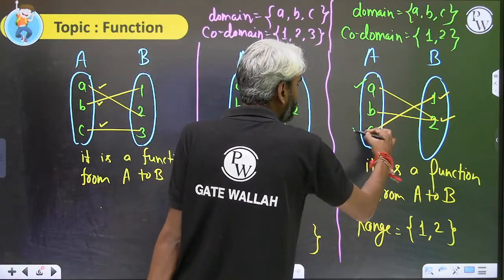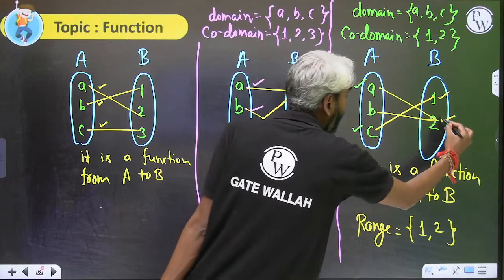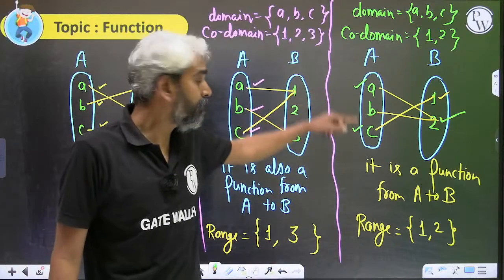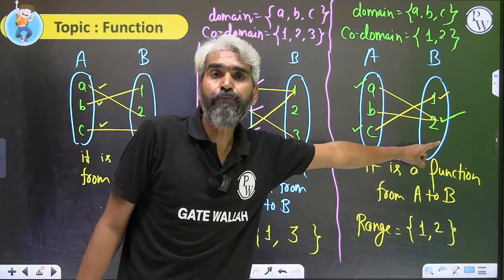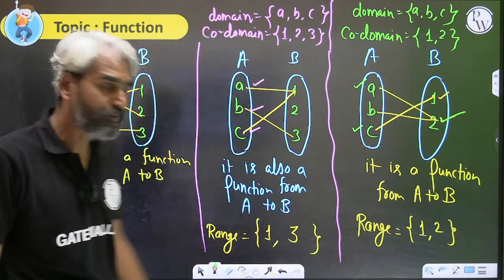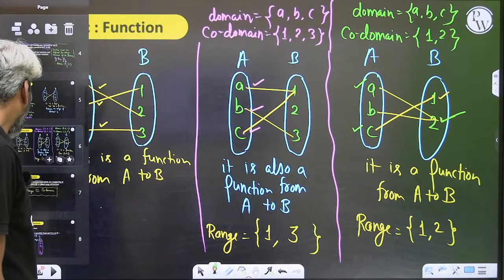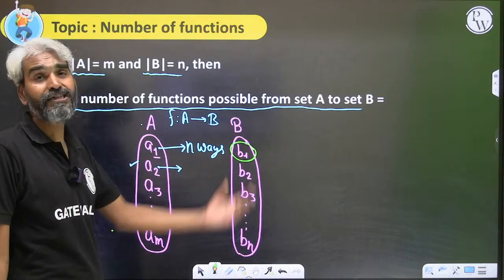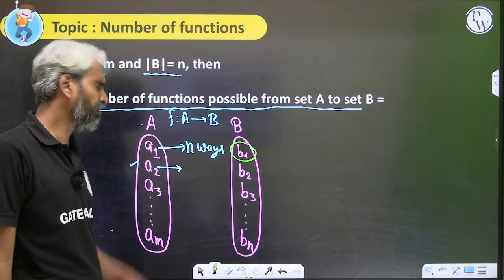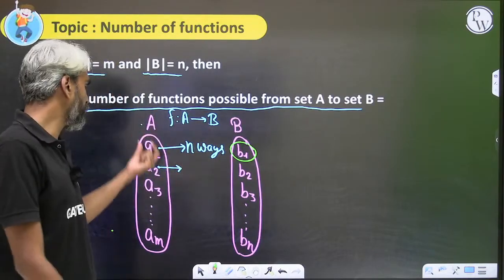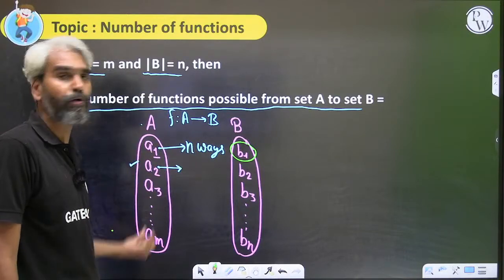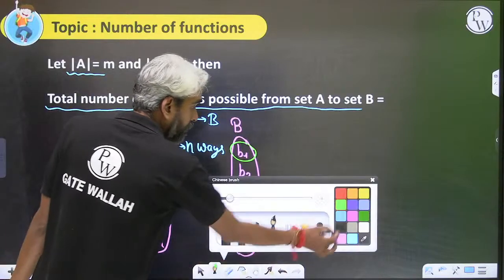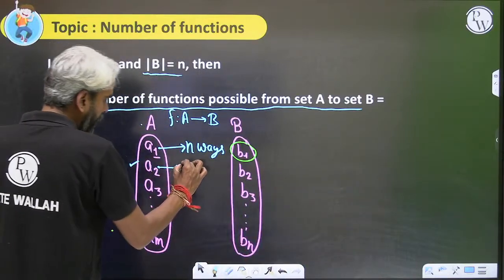Two different elements of the domain may map to the same element of the codomain. So it is absolutely possible in a random function to map two or more elements of the domain with the same element of the codomain. So for this second element also we will have n ways.